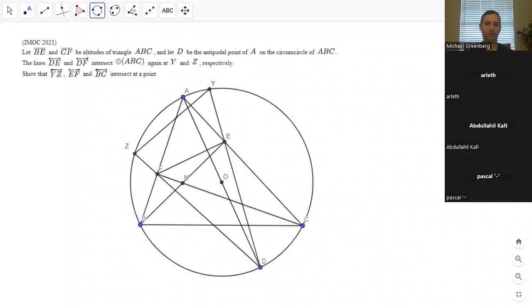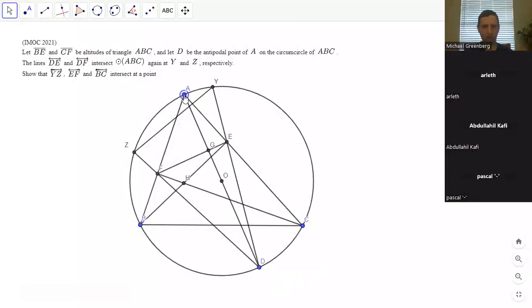That would solve the problem. I wonder, so AD and EF are actually perpendicular. So that might be useful. So this is a right angle.